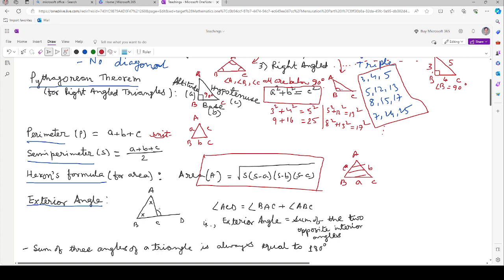Now, for a triangle ABC, if we extend the side BC to D, then we will get an angle ACD. This angle is known as the exterior angle of the interior angle C of a triangle, and we know that the exterior angle is equal to the sum of the opposite two interior angles, that is BAC and ABC.